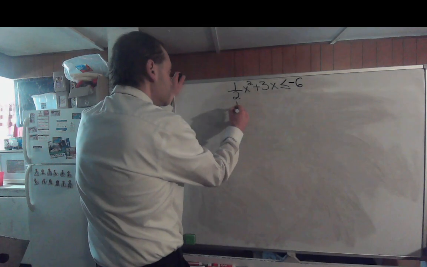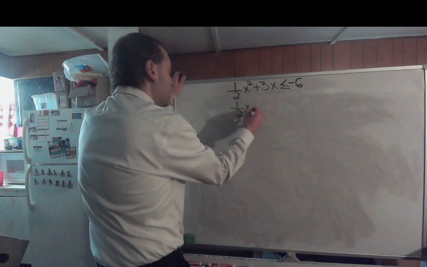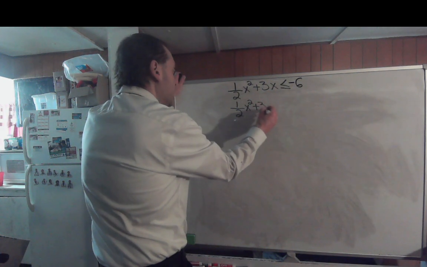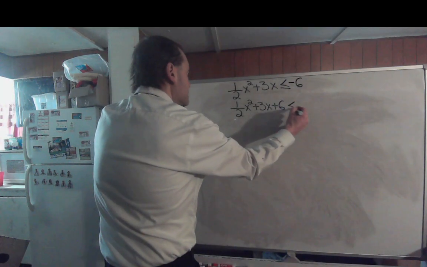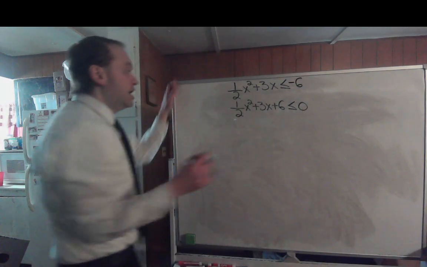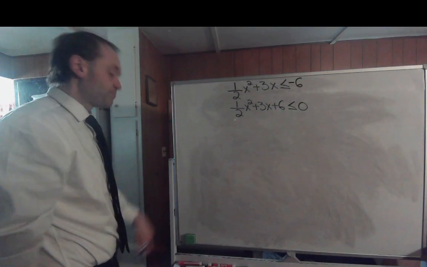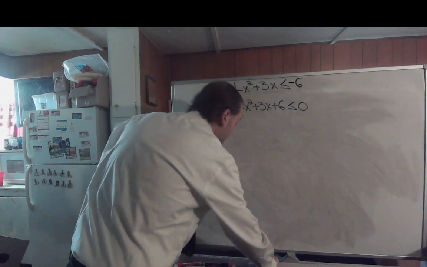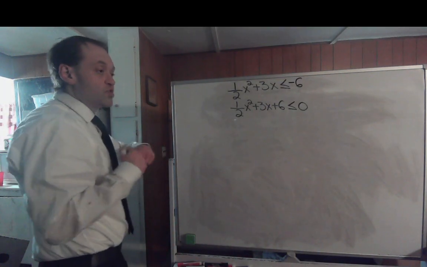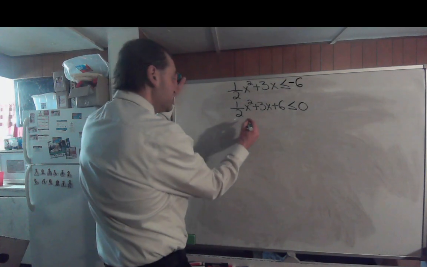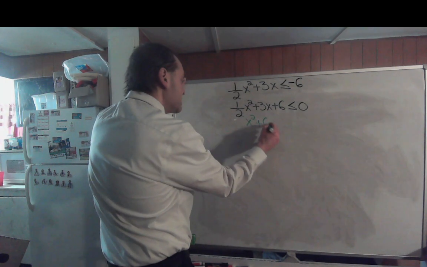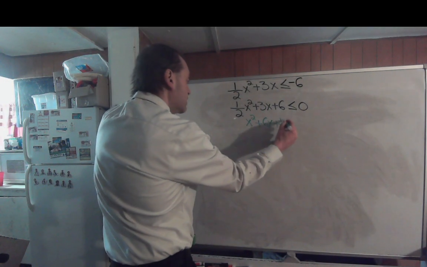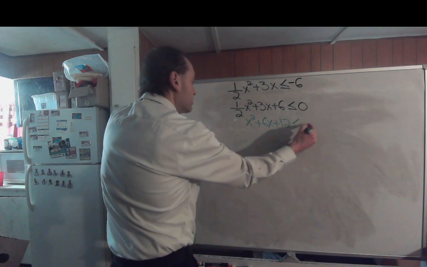This will turn into half x squared plus 3x plus 6 is less than or equal to 0. Now we got something we can work with. First thing I'm going to suggest, get rid of your fraction, right? So multiply everything by 2. This will turn into x squared plus 6x plus 12 is less than or equal to 0.